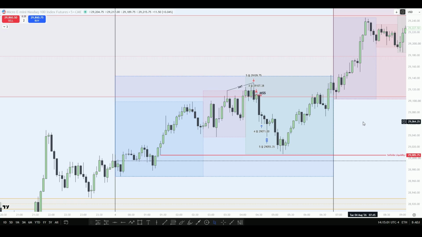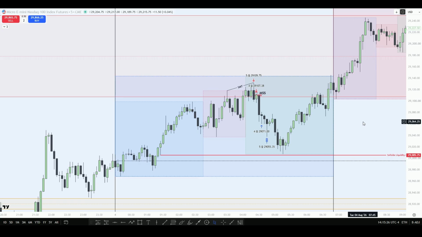In the next video, we're going to go over some other important PD arrays, where price reacts from, and which will help you to find setups as well. But these are by far my favorite and, I think, the most important ones.